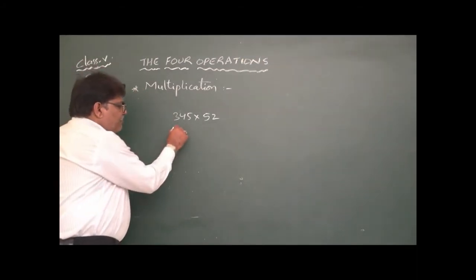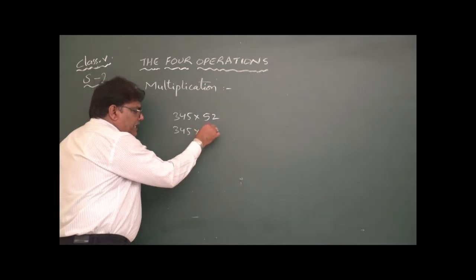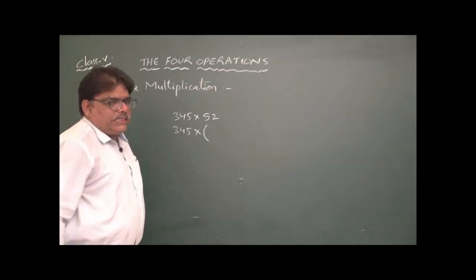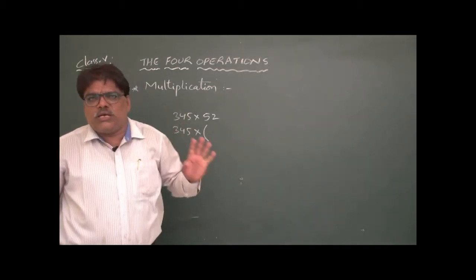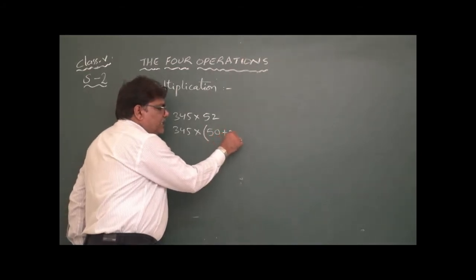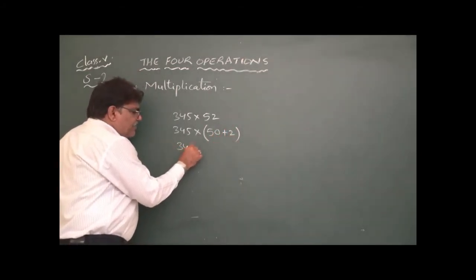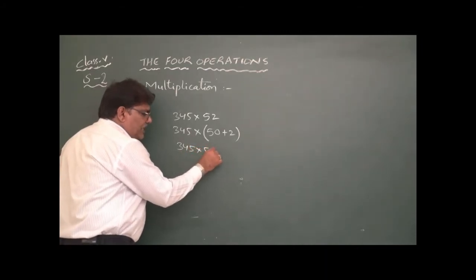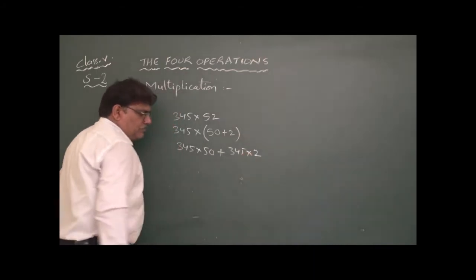That is 345 into, while splitting I am keeping it in brackets, splitting in whole numbers. What is the nearest whole number of 52? 50 plus 2. That means we have to multiply 345 into 50 plus 345 into 2.